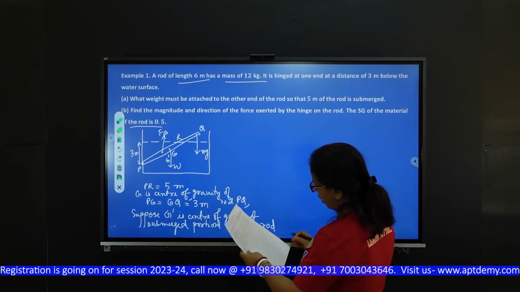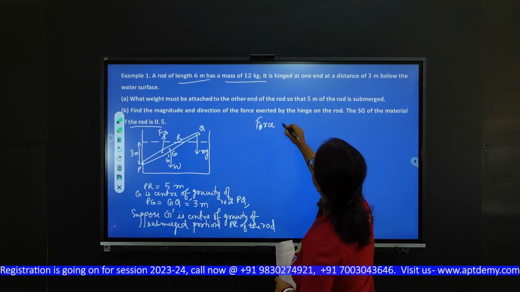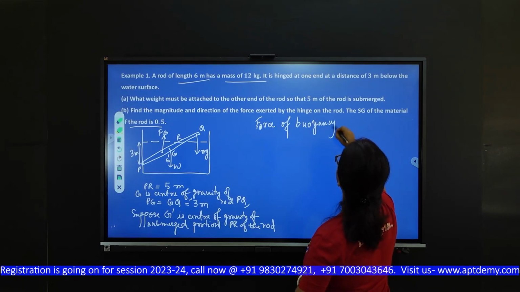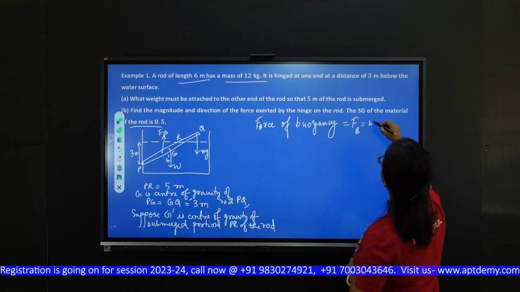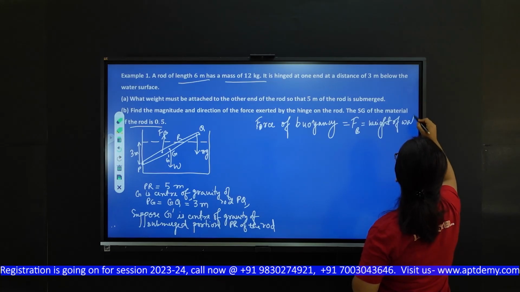So the force of buoyancy, Fb, is nothing but the weight of water displaced.